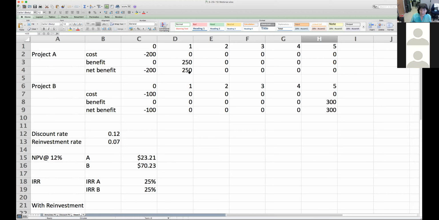So you have a net benefit, if you didn't discount, of $50. If you wanted a cost benefit ratio without discounting, this would be the cost, this would be the benefit. If you wanted to discount, then you'd bring it this way, and you would get an NPV down here, you notice, at 12% of $23.21.